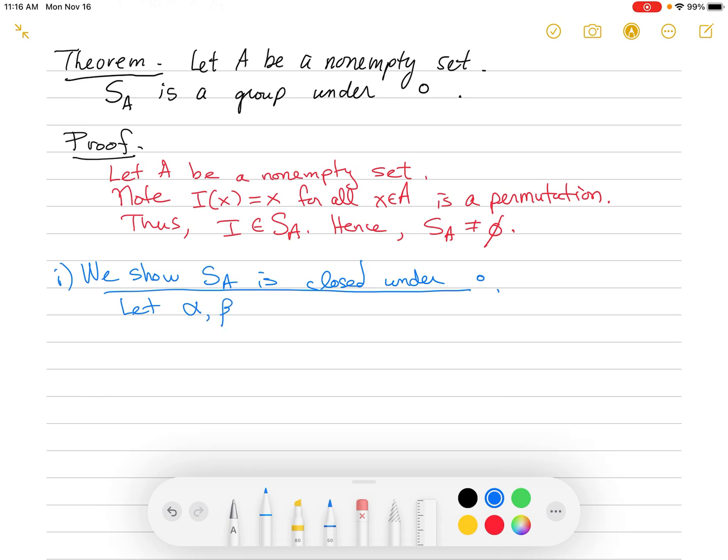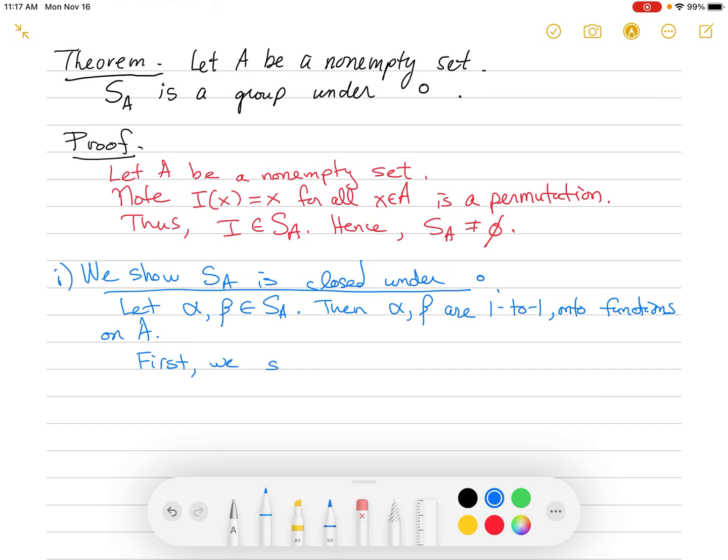So let alpha and beta both be permutations on A. So be elements of S of A. Then that means alpha and beta are one-to-one onto functions on A. Important.